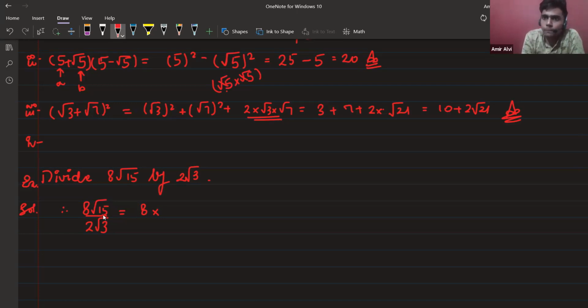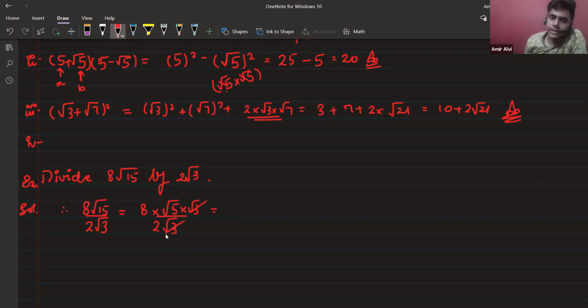So 8 root 5 into root 3. Now tell me what terms we can cancel out. Root 3 and root 3.